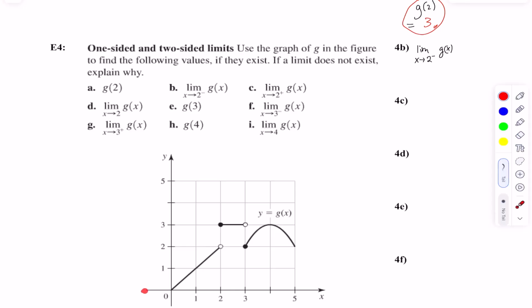As x approaches 2 from the left, where do the corresponding y values approach? Turns out they're approaching 2, even though at 2 there seems to be a hole there. I'll go through it again. As x approaches 2 from the left, the corresponding y values are approaching the y value of 2.